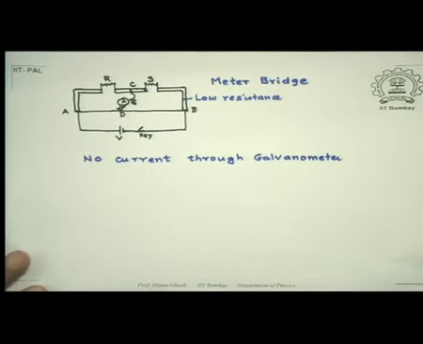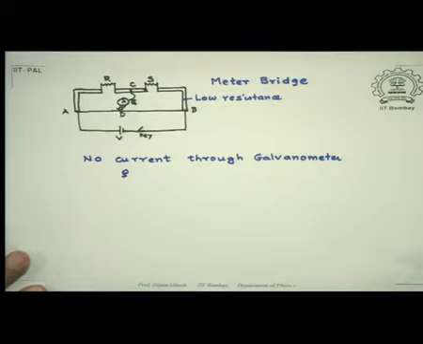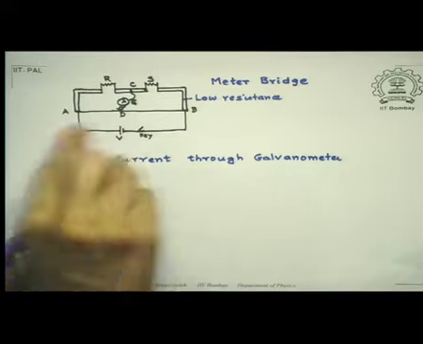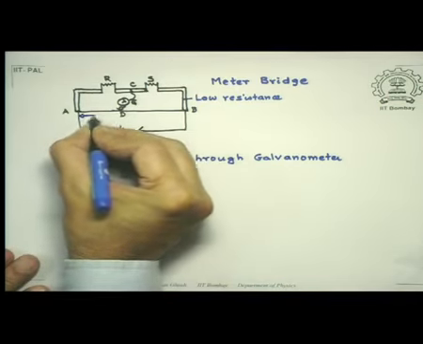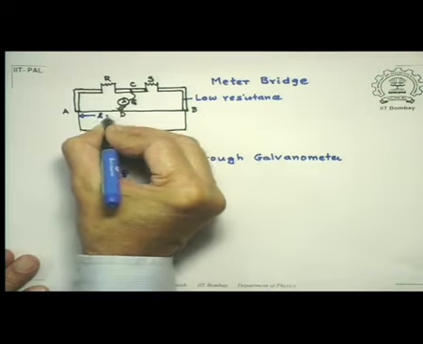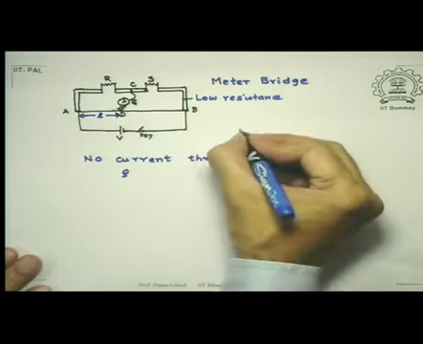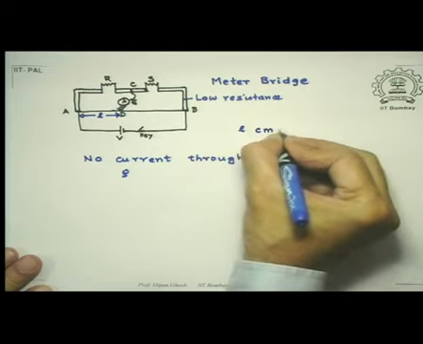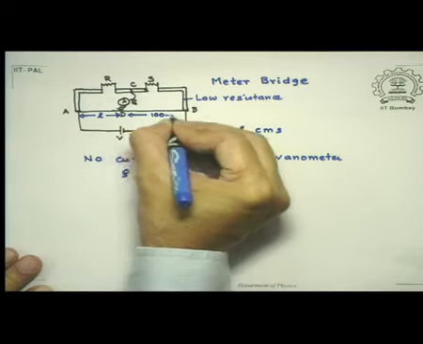Now notice one thing, if rho is the resistivity of the material of the wire AB, and suppose I have achieved a null deflection when this length is L, let's take L centimeters, so that this one is 100 minus L centimeters.